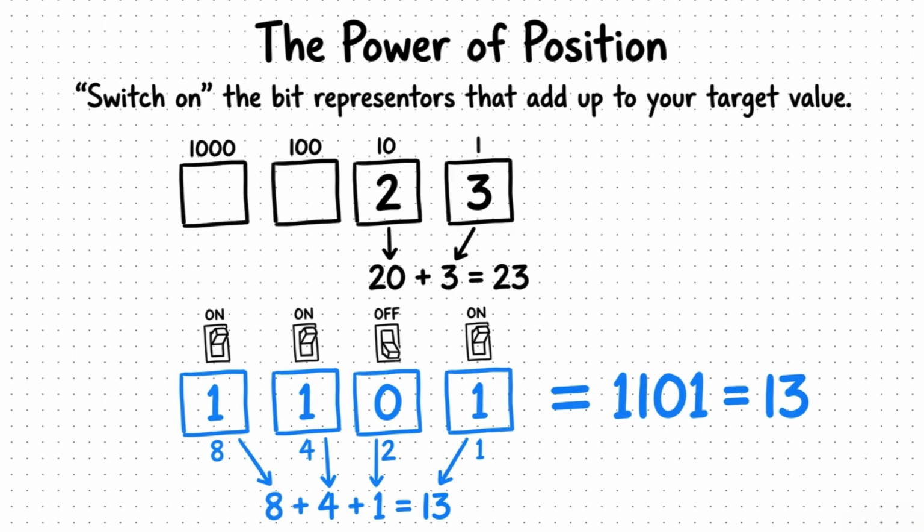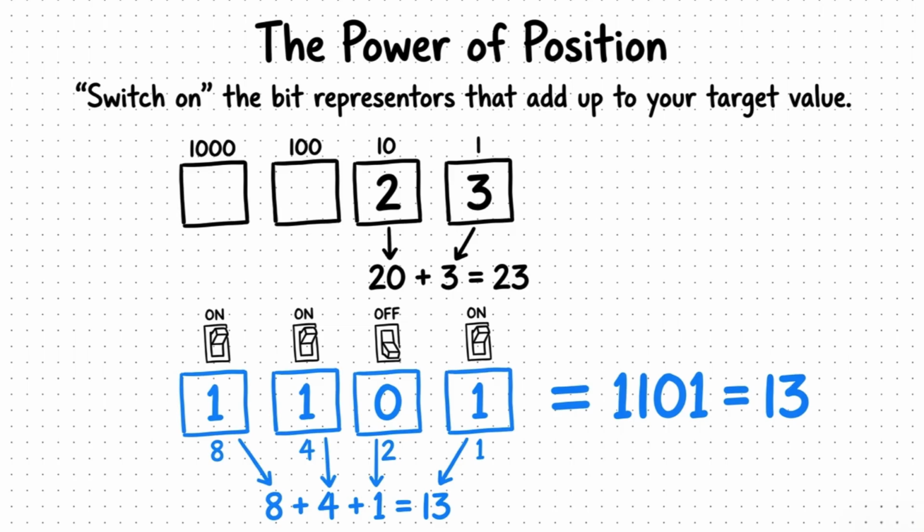Or you can imagine having a purse of coins where you have coins of 8, 4, 2 and 1, and we need to pay 13. In this case, we need an 8, a 4 and a 1, which would sum up to 13.